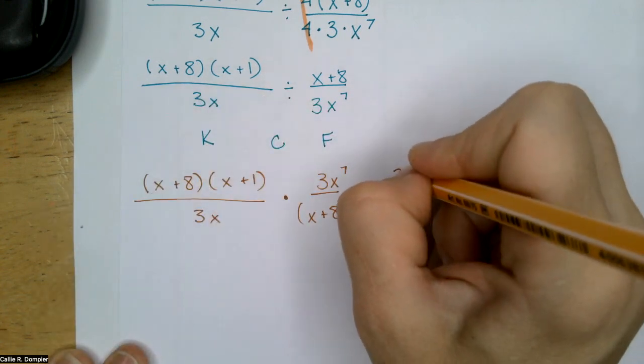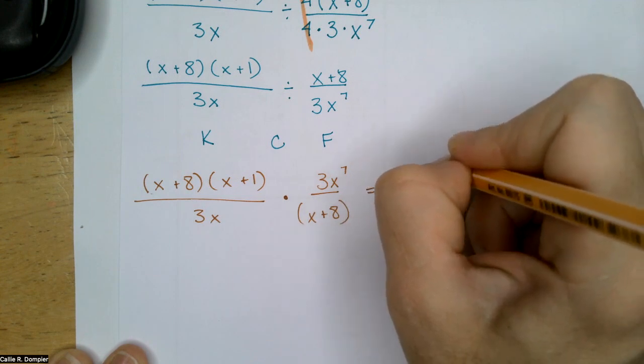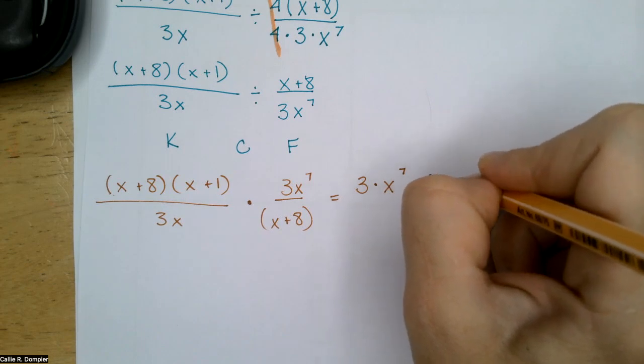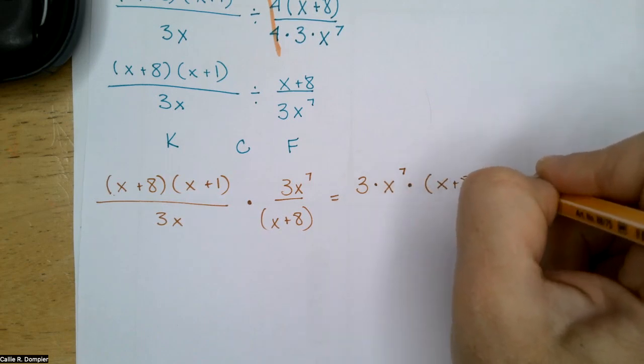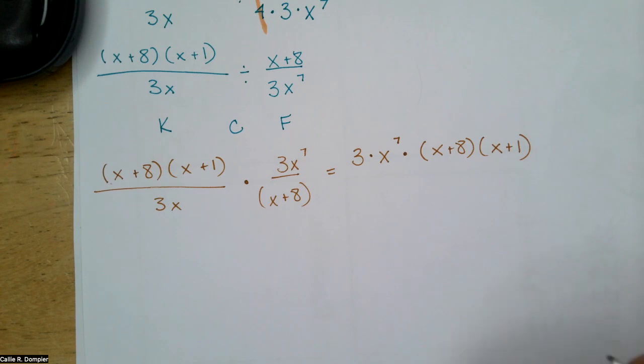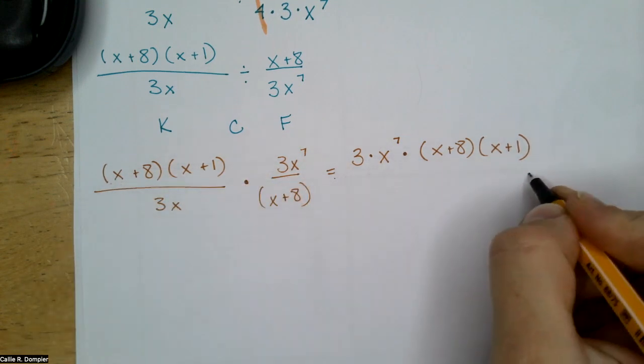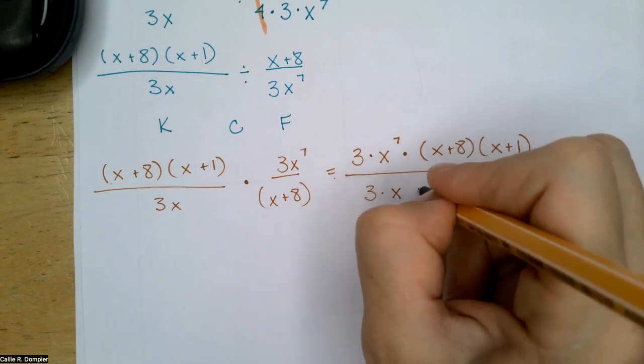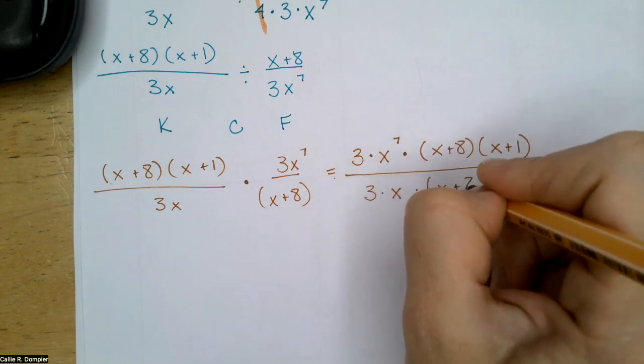Now we just multiply straight across. 3 times x to the 7, or 7x's, times x plus 8 times x plus 1. All of those becomes that. On the bottom, we have 3 times x plus 8.